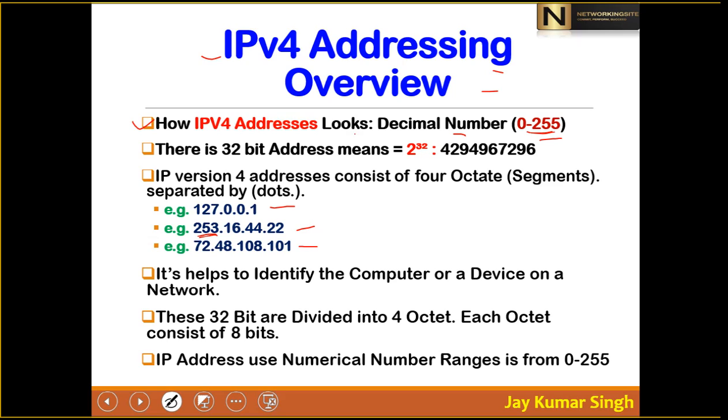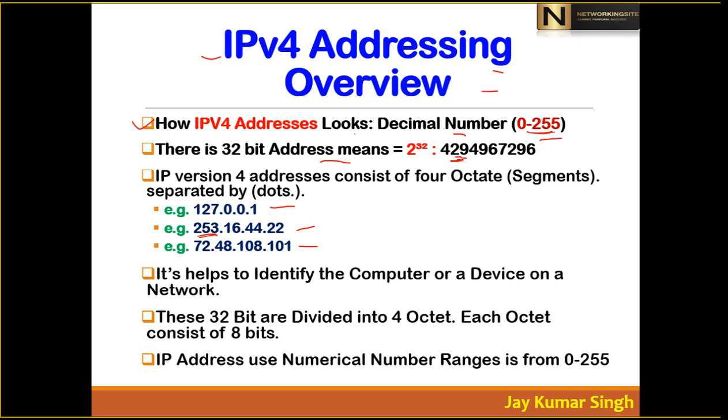Now IPv4 is a 32-bit address, which means in total there will be 4.2 billion addresses. But the total population of this world is approximately 7.6 or 7.8 billion, and every person right now uses at least 2 or 3 devices, like mobile, laptop, iPad, or TV, and all of you are using IP addresses.